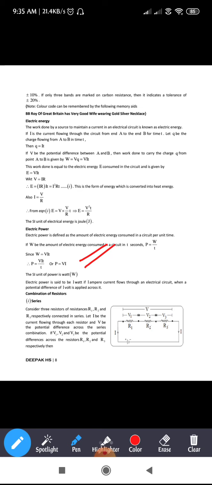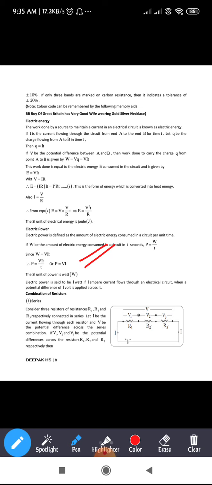So hence the expression for power is P is equal to V into I, and the SI unit of power comes out to be watt. Okay. So how are we going to define 1 watt? When you say that the electric power consumed by the appliance is 1 watt, it is when 1 ampere of current flows through the electrical circuit when a potential difference of 1 volt is applied.